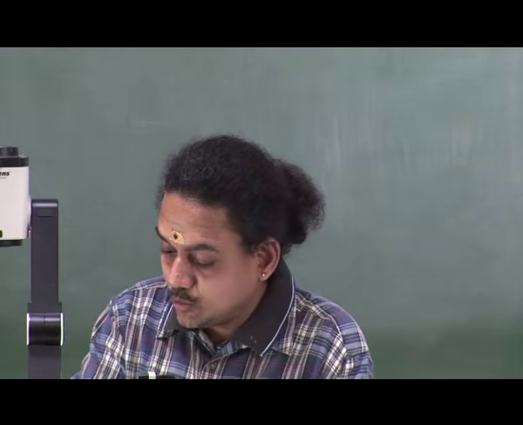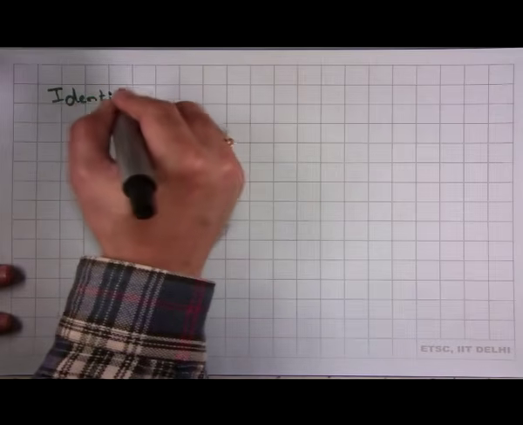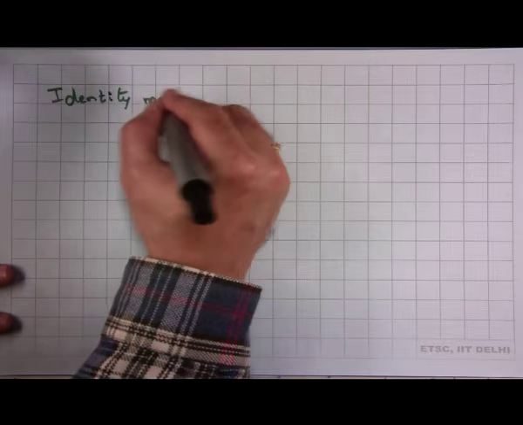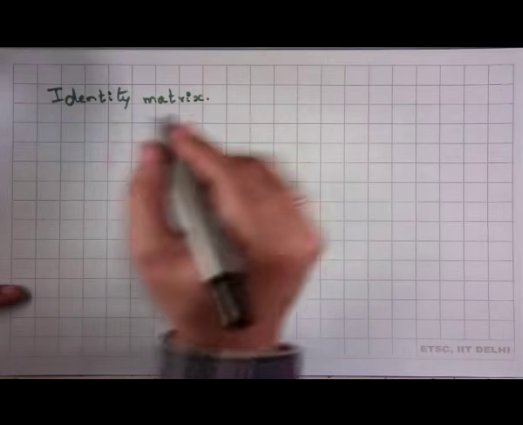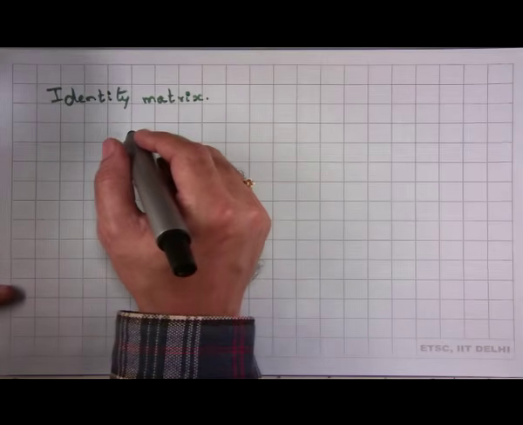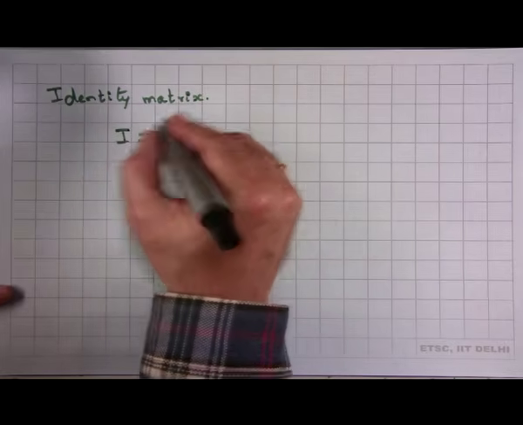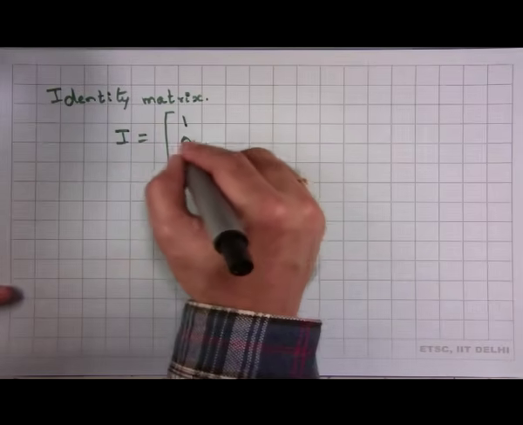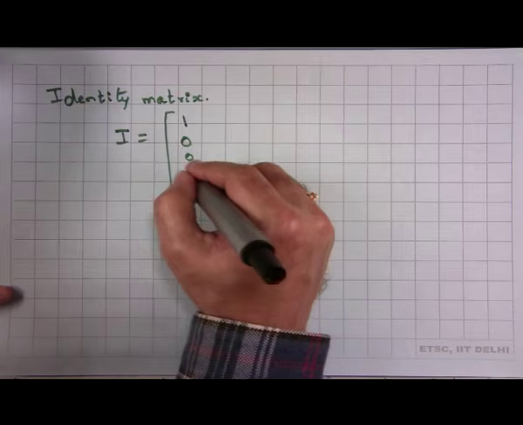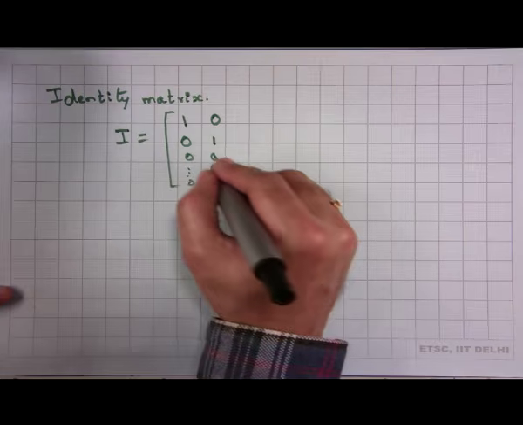Well, let us look at one more thing. There is something known as an identity matrix. So, what is an identity matrix? An identity matrix of order n is usually denoted as I, right. So, you have 1, 0 at other places, you have 1 in the 2nd position and then 0 at other places.